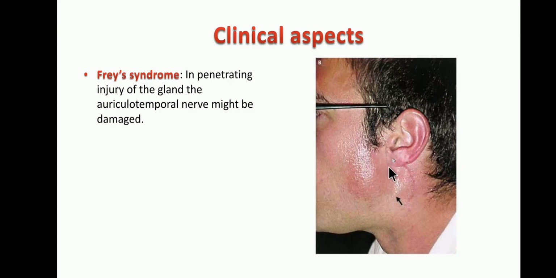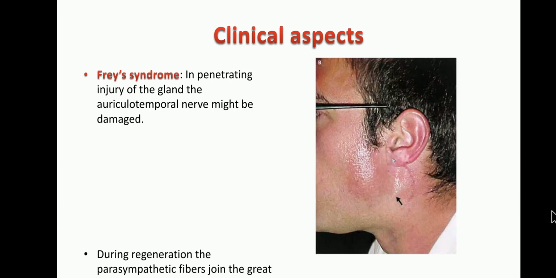Instead of innervating the gland, these parasympathetic fibers of the auriculotemporal nerve might innervate the skin. When this happens, every time the person eats, you can see perspiration or sweating on the skin over the parotid gland. That is called Frey's syndrome.